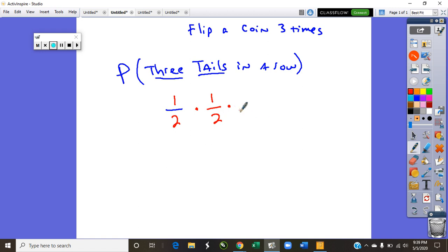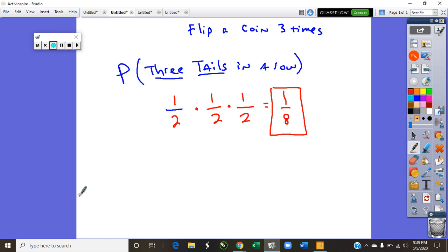And then I flip it a third time. There's still just 2 outcomes. And how many tails are there? Still 1. So the probability of me flipping all 3 tails in a row: 1 times 1 times 1 is 1, and 2 times 2 is 4, times 2 is 8. So if I flip that coin 3 times, the probability of all 3 of those being tails is 1 out of 8.